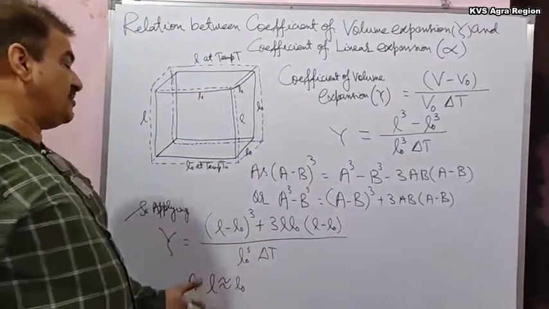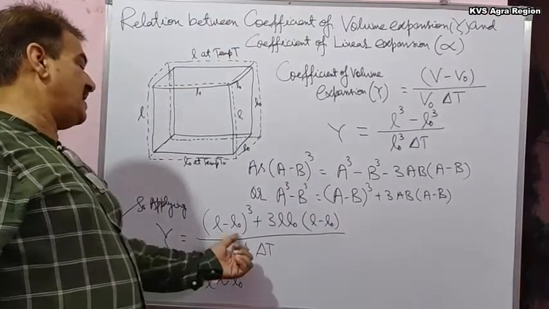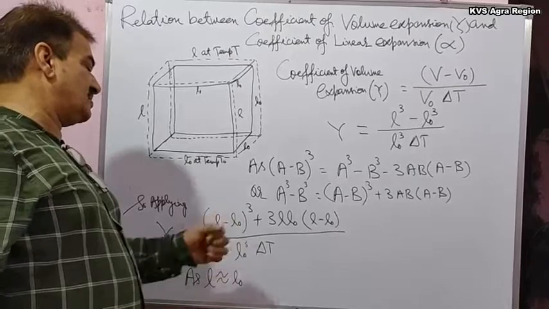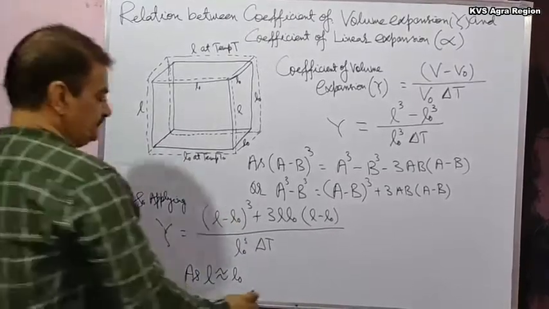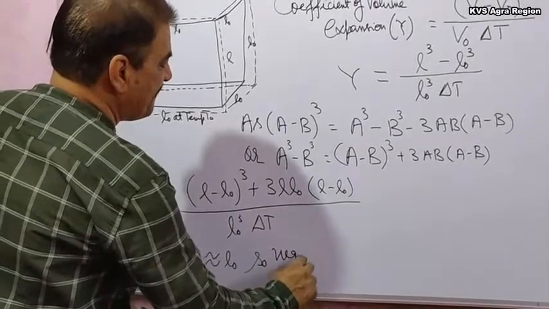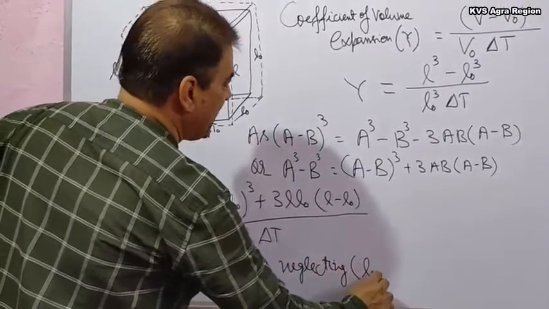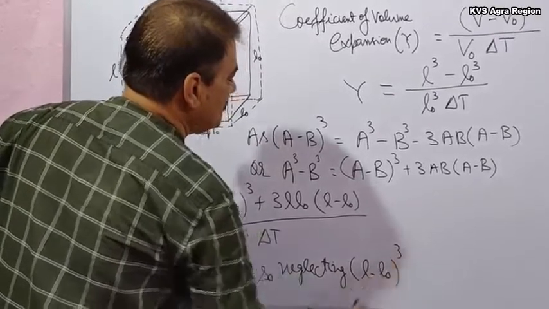So there will not be considerable change in length, and we have the third power of L minus L naught cube. So neglecting L minus L naught cube.